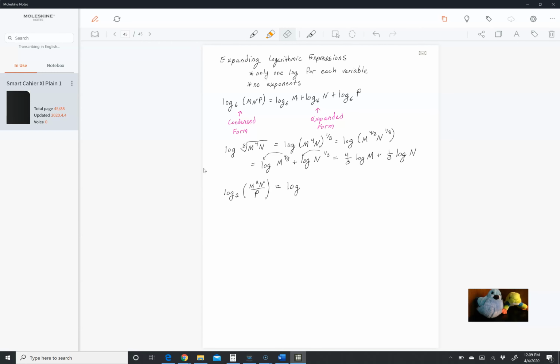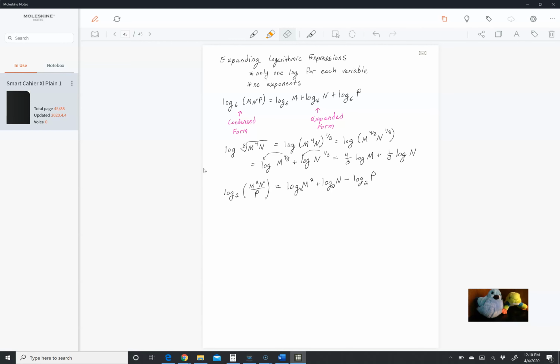This is log base 2 of m squared plus log base 2 of n. And then the p is in the denominator, we're dividing, so quotient rule says we subtract. So log base 2 of p.